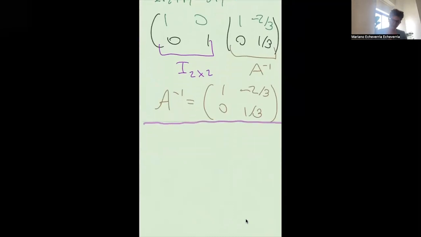I mean, this is a fast one, but let's say I had given you, here's another example. Let's say I give you this matrix.